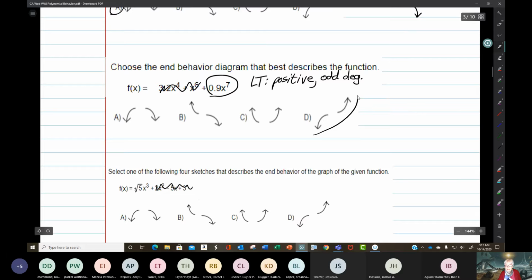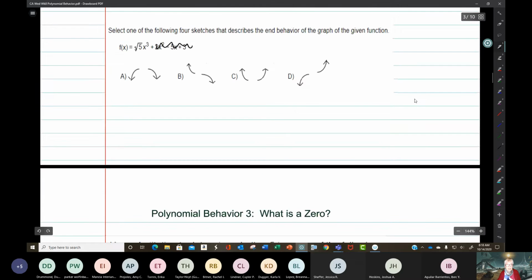So we're going to choose this way out at negative infinity and way out at positive infinity. The graph is going to look like this. And finally, here's another positive odd degree. The LT is positive and of odd degree.